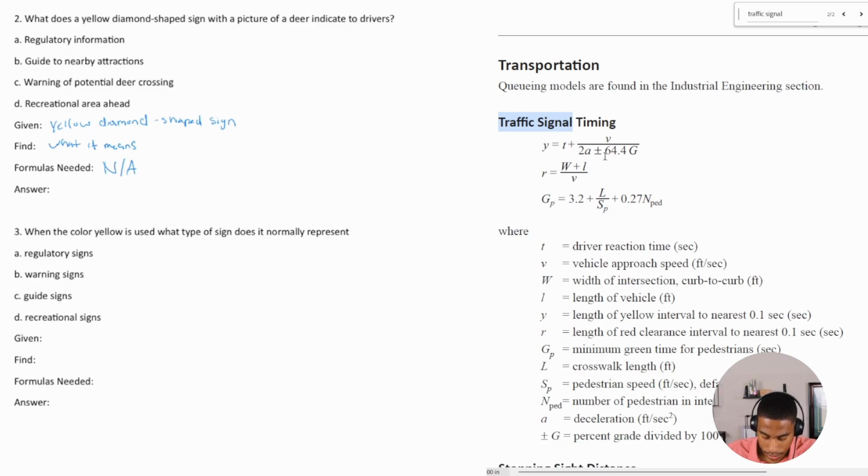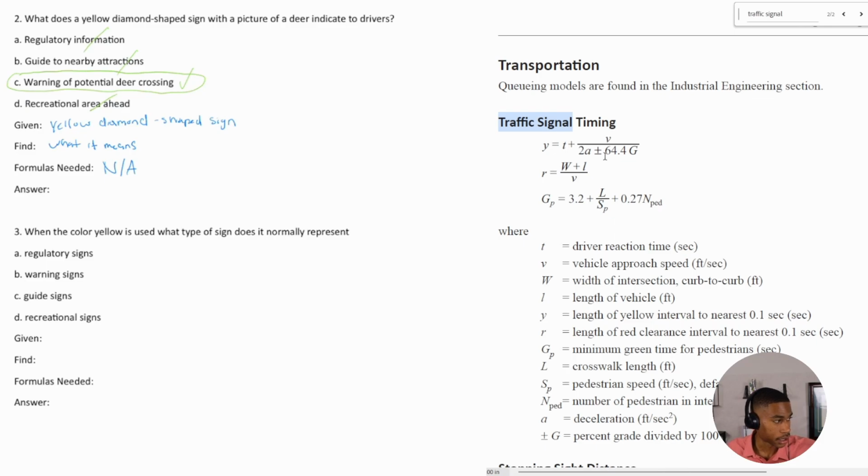Those are like examples of regulatory. Guide to nearby attractions. It's like historic or museums. If I'm seeing a deer, probably not. So I'll just cross those off. Warning of a potential deer crossing, yes. Recreational area like a park, no. So answer in this case is C.